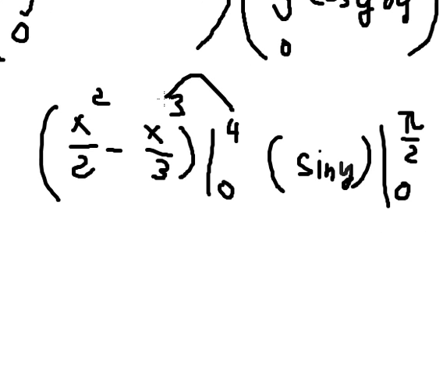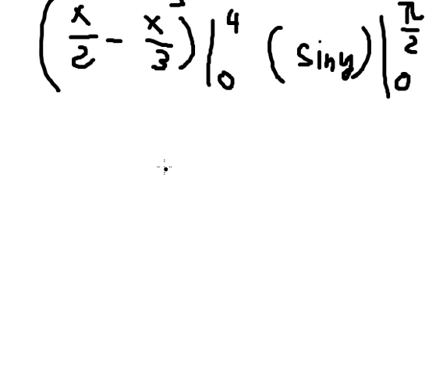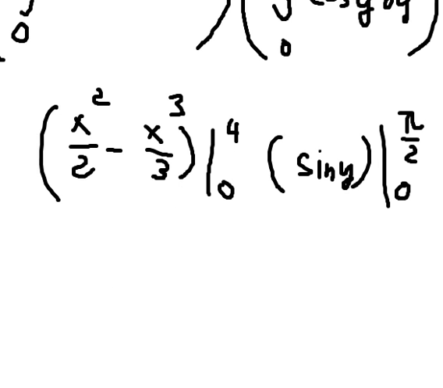So we put number 4 cone here, number 0 cone here, b over 2 cone here, and number 0 cone here. So this one we got negative 40 over number 3.